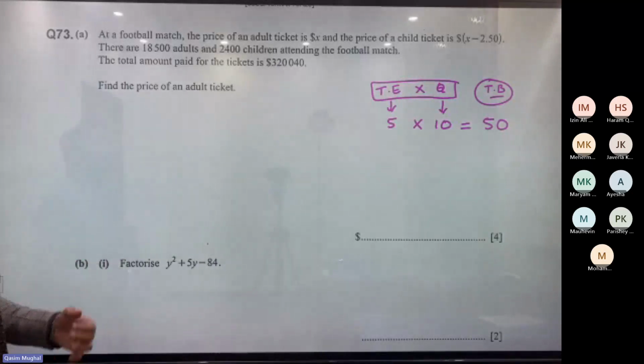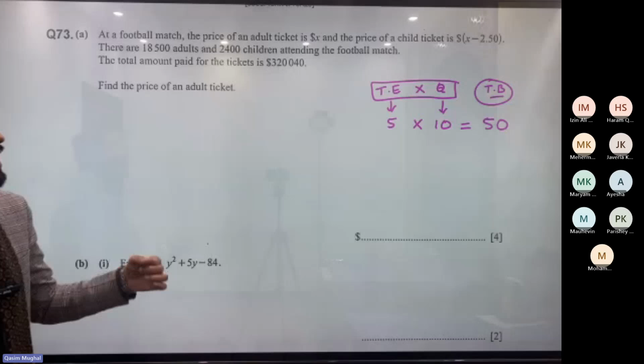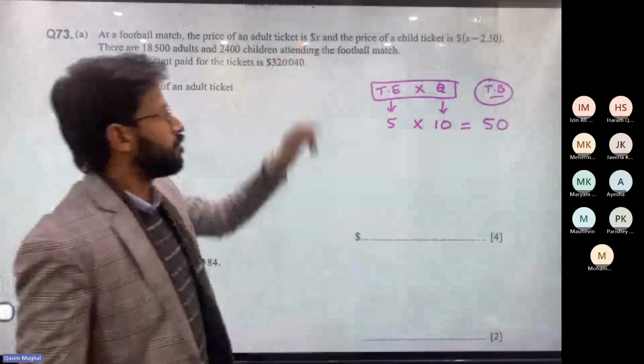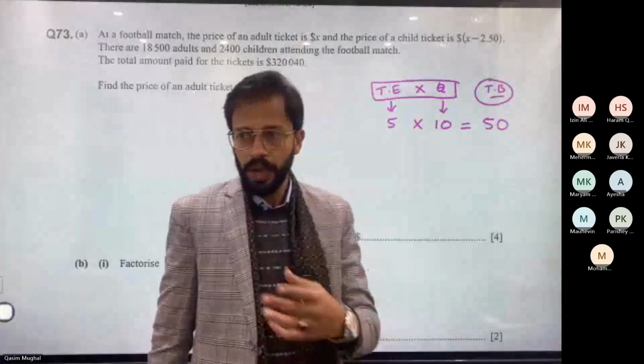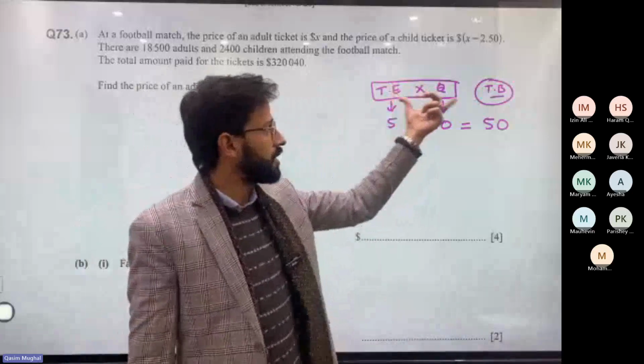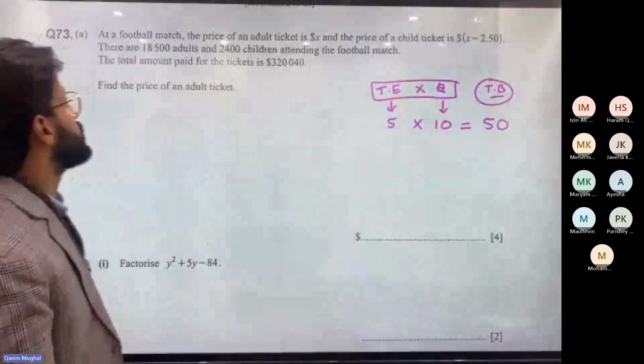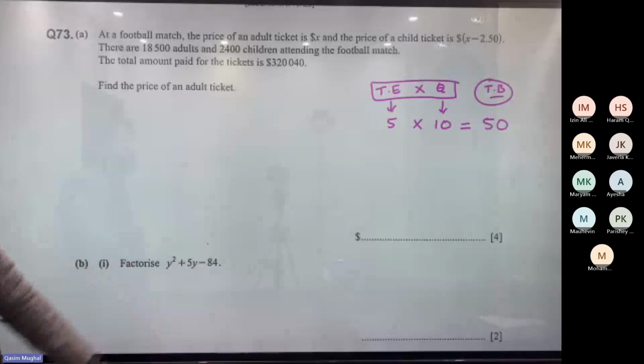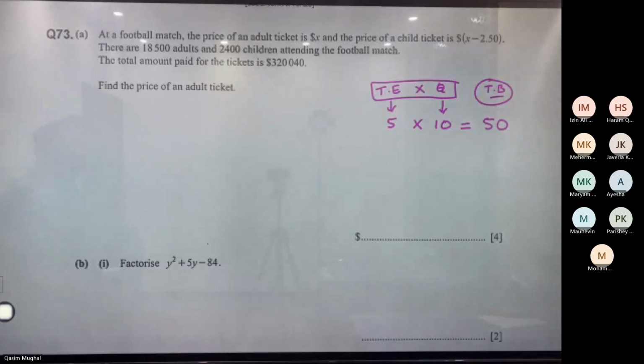A football match, the price of an adult ticket is x dollars. And I'm going to again ask you a very simple question. वैसे तो जब आपने ये कर लिया तो फिर आपका क्वेश्चन हल हो गया, आसान है. How many adults are there? Read the question. 18,500.